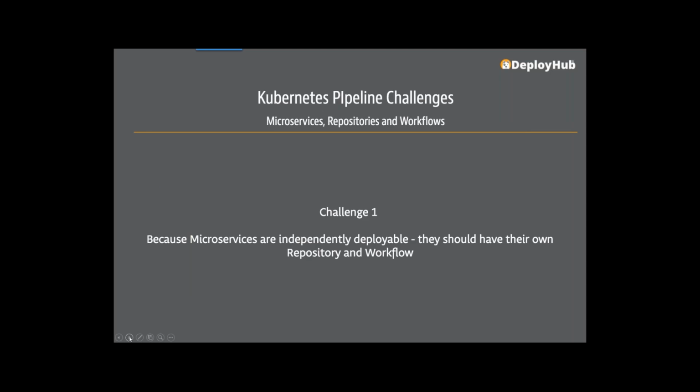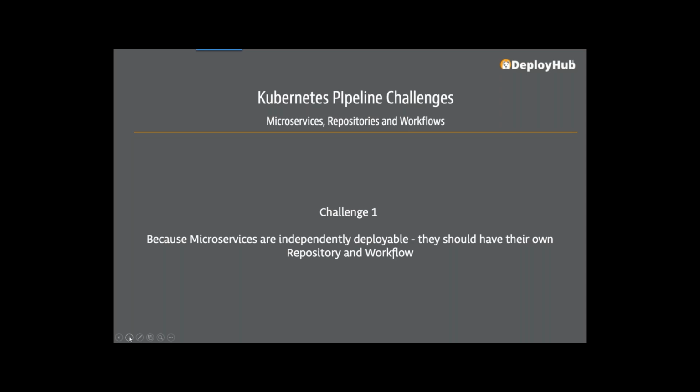So let's think about the first challenge that microservices and this new Kubernetes pipeline brings to us. And that has to do with repositories and workflows. So right now we have an application, and an application is in a single repository, and your CI/CD process has a workflow for that application. And it's generally all the pieces that the development teams are managing.